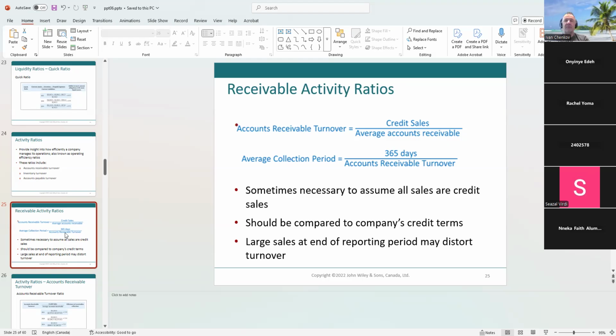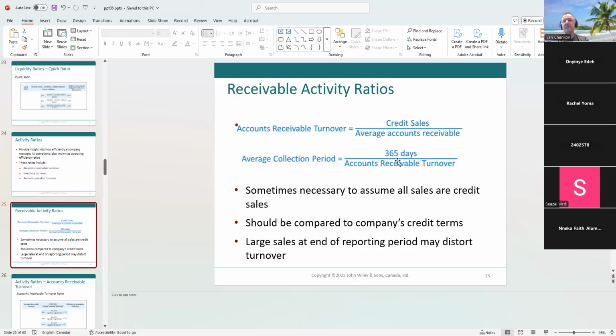Obviously, it has to be compared with the company's credit terms, if there are any. The idea here is for accounts receivable turnover to be as high a number as possible. Why is that? Because accounts receivable turnover comes as a denominator for the calculation of the average collection period, where the numerator is always 365.